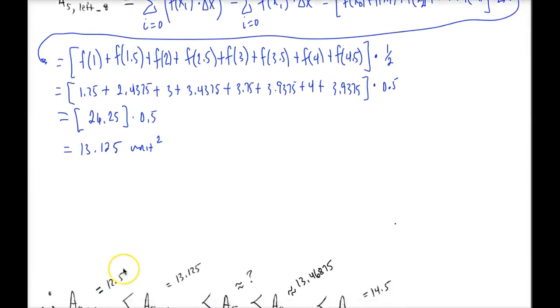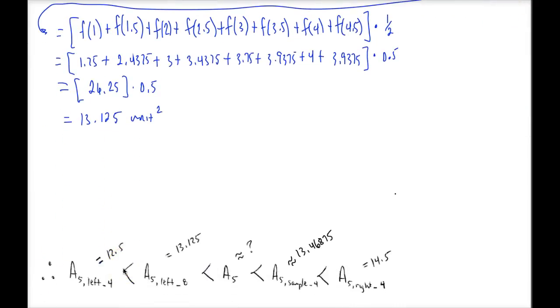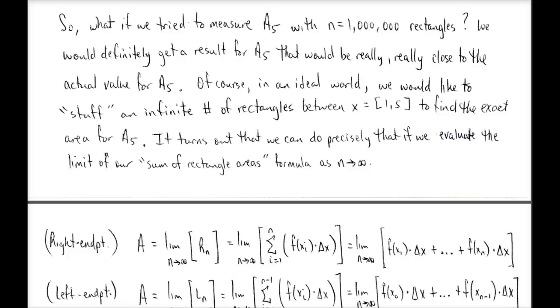Scrolling down here, we see that our result falls in line. The actual area for A sub 5 will still be a value in between the left endpoint estimate with 8 rectangles and the sample one with just 4 rectangles. Now, what if we try to measure that area A sub 5 with 1 million rectangles?